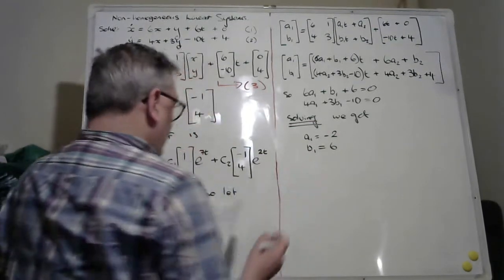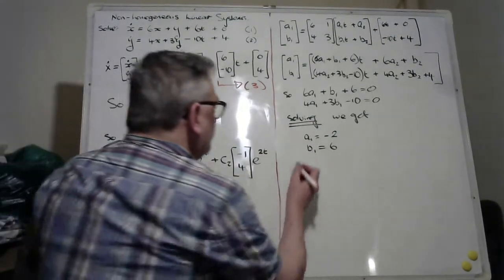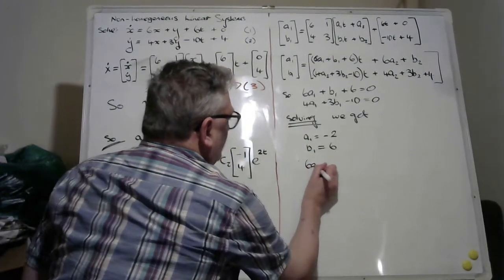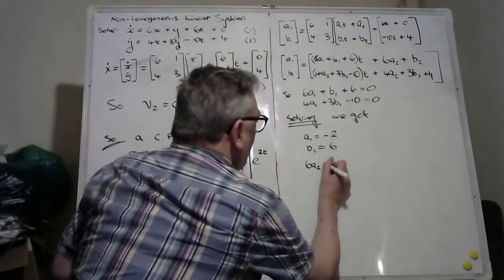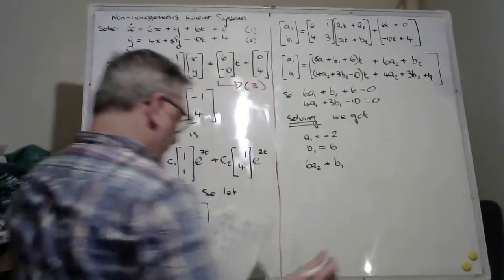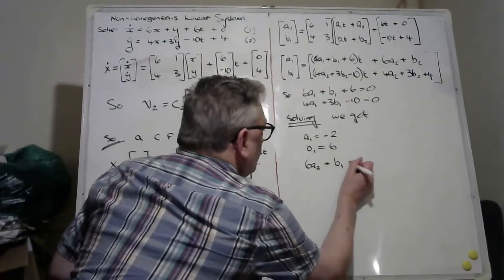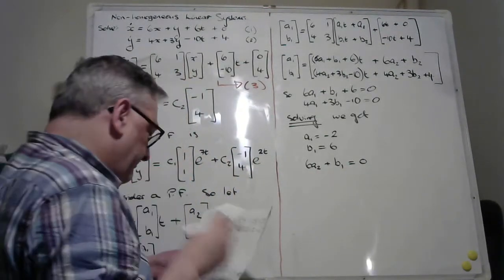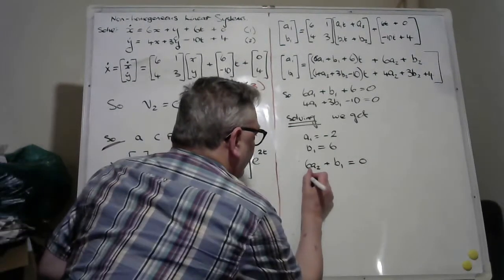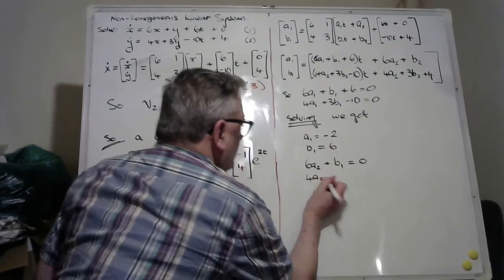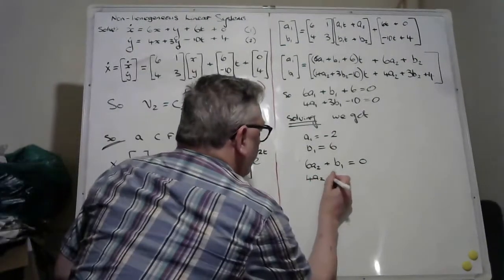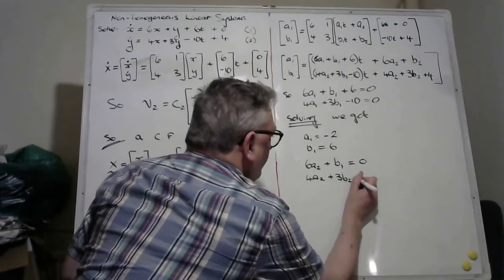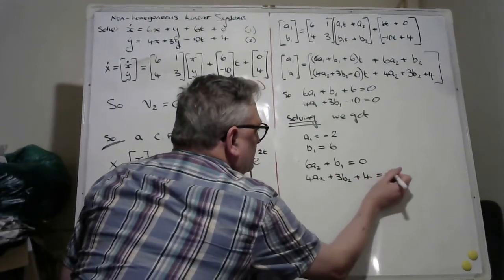Now, we also get another equation, 6A2 plus B1 equals 0. Excuse me. And 4A2 plus 3B2 plus 4 equals 0.